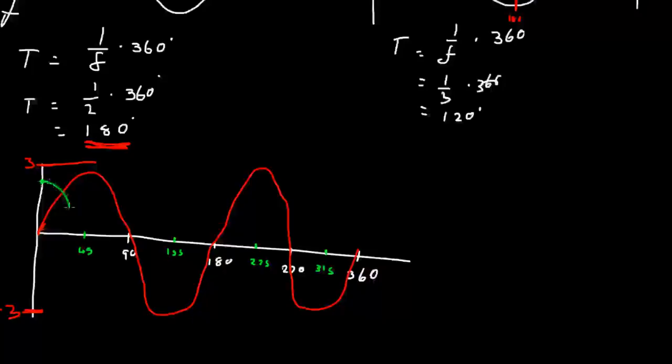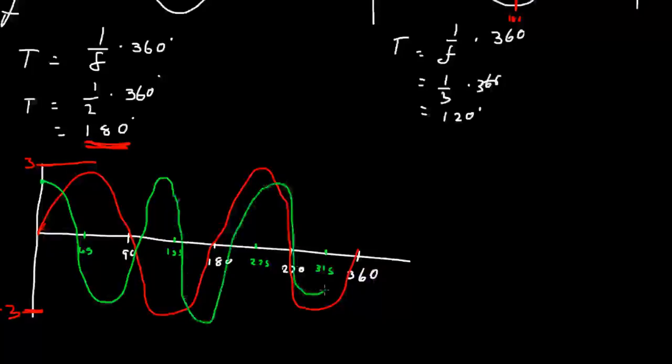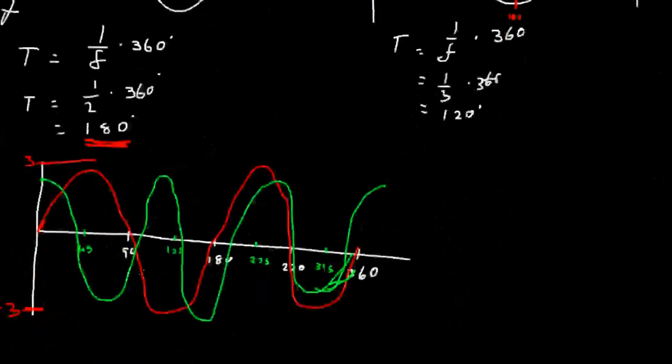So it's going to go down, up, down, and up, down, and up, and it'll actually finish over there. This is a terribly drawn one, but you get the point. It goes once, twice, 3 times, because it has a frequency of 3. So it goes up and down 3 times in 360 degrees.